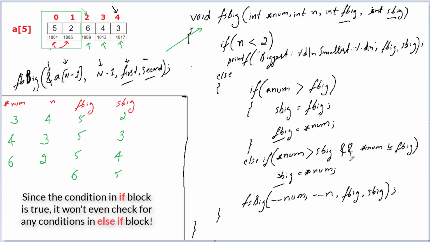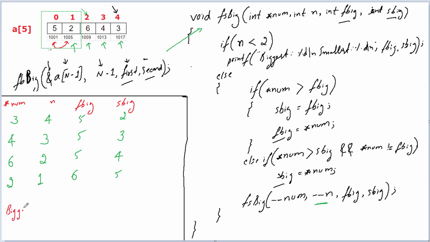It must be not equal to execute this code. So now the recursive call, minus minus n, minus minus num points to 2, minus minus n, 2 minus 1 is 1. Recursive call. Now 1 is less than 2, it's true. So printf gets executed.